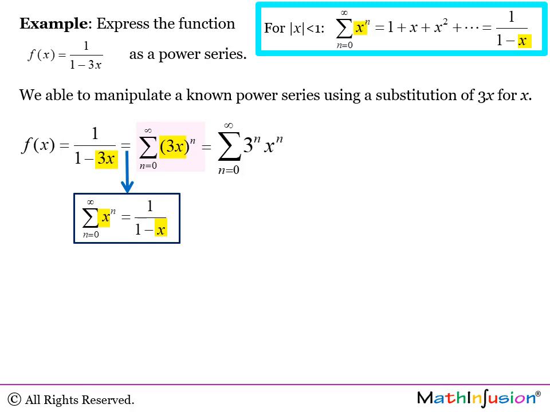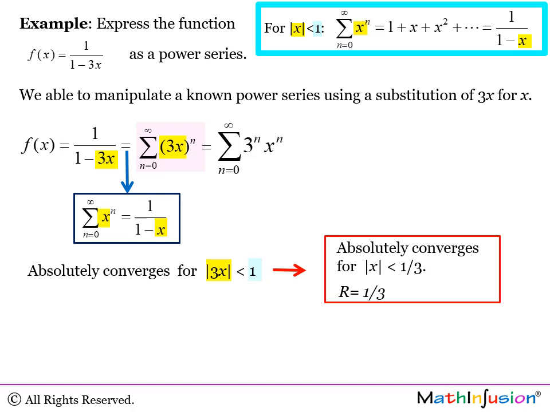And now we would like to know for what values of x the series converges. Here we see in the original series that x in absolute value has to be less than 1. But because x was replaced by 3x, we know that the new series for f(x) absolutely converges for absolute value of 3x less than 1. And we get that the series absolutely converges for absolute value of x less than 1/3.